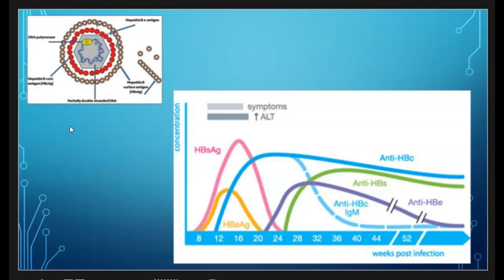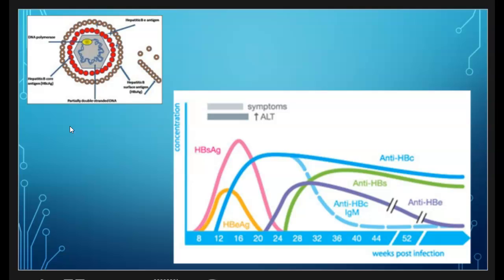So hepatitis B E antigen, it's a protein found between the surface and core. It's the second marker to appear shortly after hepatitis B surface antigen. It does not stay elevated long, and it can be positive in chronic infections. And increased levels mean the virus is actively replicating.